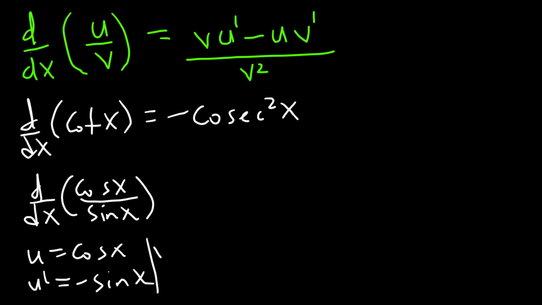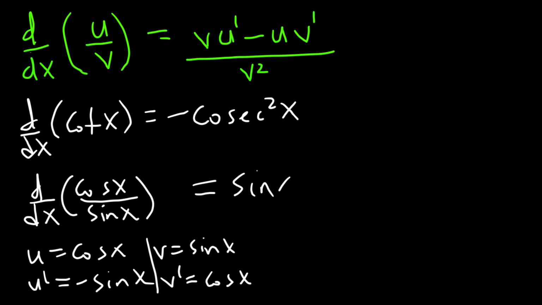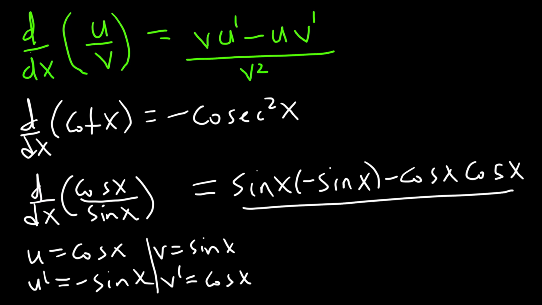And then v will be equal to sin x, and if we differentiate this, v prime will be equal to cosine x. Therefore this will be equal to v, which is sin x, times u prime, which is negative sin x, and then minus u, which is cosine x, times v prime, which is cosine x. And then this will be divided by v to the power of 2, which is sin x to the power of 2.